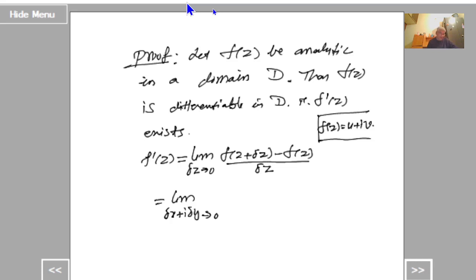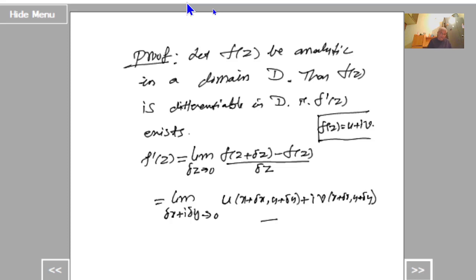Then f of z plus delta z is u of x plus delta x comma y plus delta y plus i into v of x plus delta x comma y plus delta y.